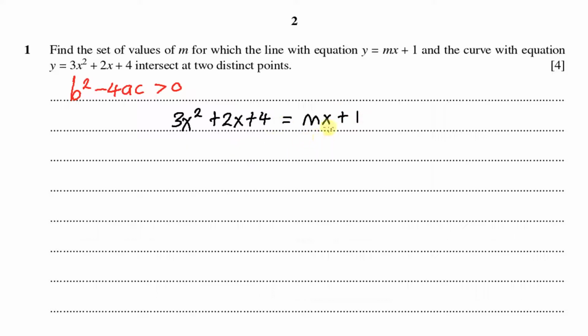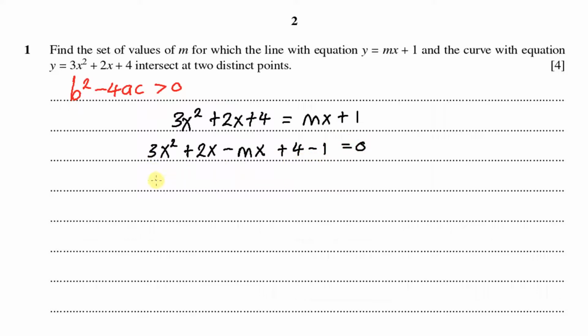I'm gonna take everything to one side, so I have 3x squared plus 2x, that's already on the left side, and I'll subtract mx from both sides, so that's minus mx. And that's plus 4, which is already here, but I'll subtract 1 from both sides, so that will be minus 1 is equal to 0.